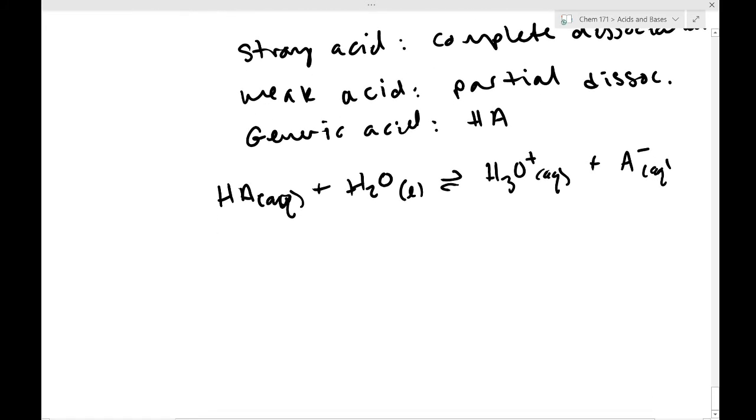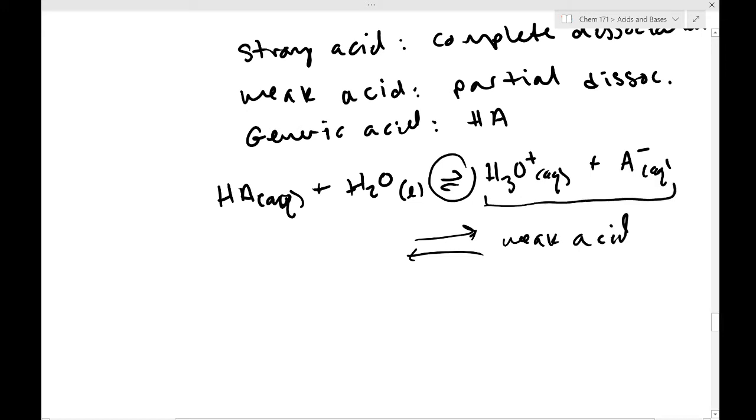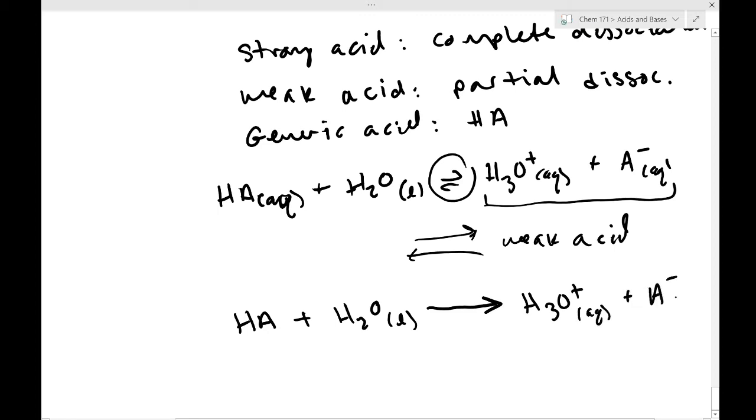If we have a double arrow here, that means that both the forward and the backward reaction are more or less possible. That means that this is a weak acid, and complete dissociation is unlikely. If we have a full arrow pointing towards dissociation, for example HA plus H2O liquid, there's no equilibrium here, and we're saying that this is just going to completely dissociate into H3O plus and A minus aqueous.